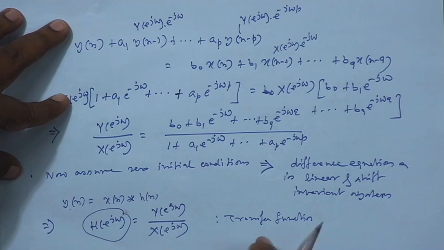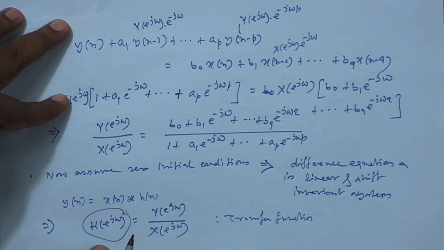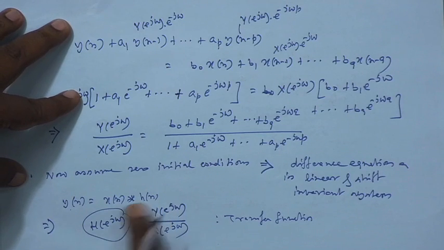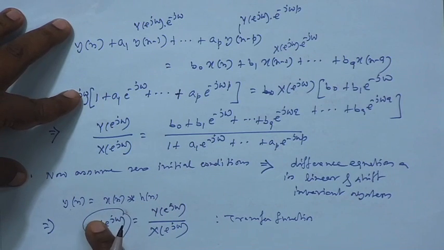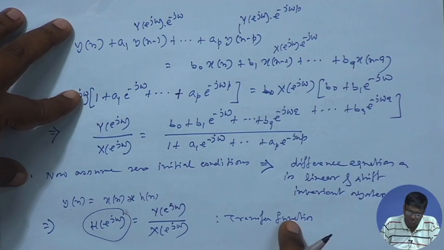So, if the system is linear and shift invariant, then there is a definition of transfer function, because the output is a linear convolution between input and unit sample response, and the DTFT of this unit sample response is the output DTFT by the input DTFT, which we call the transfer function.